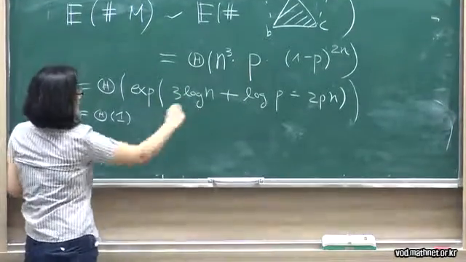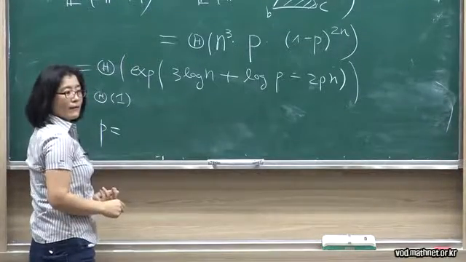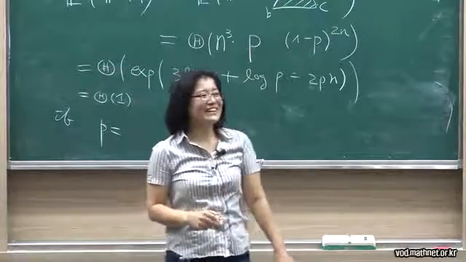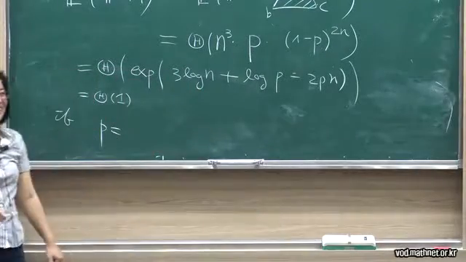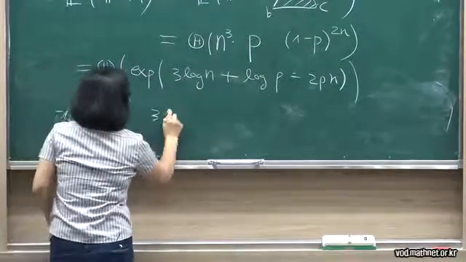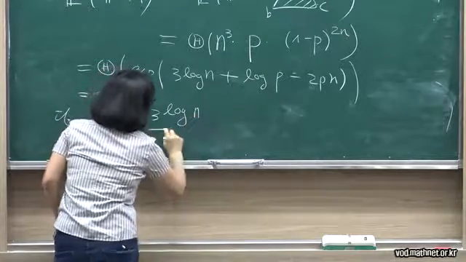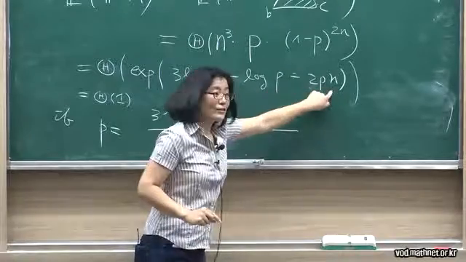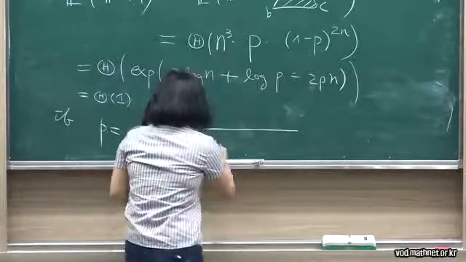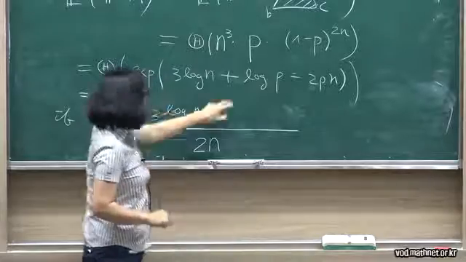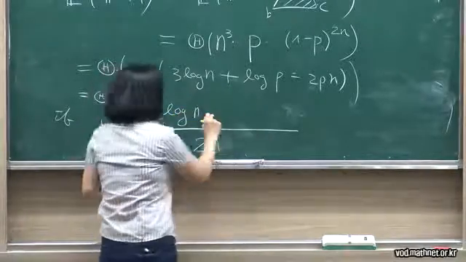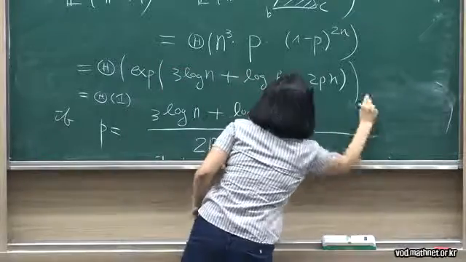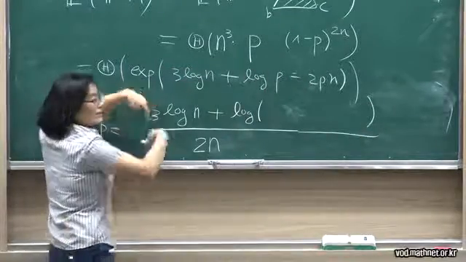Roughly, what do you say? 3 log n over 2n perhaps? Yeah, but what should we do with this log p? I have to add up, right? But p, I know. p is roughly this much. So I interpolate.